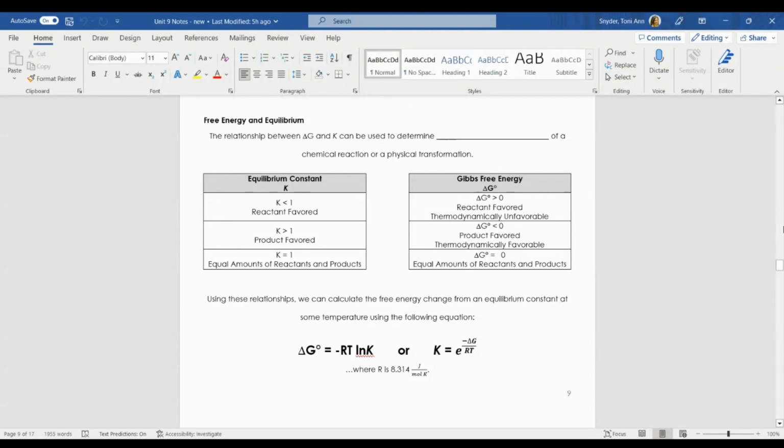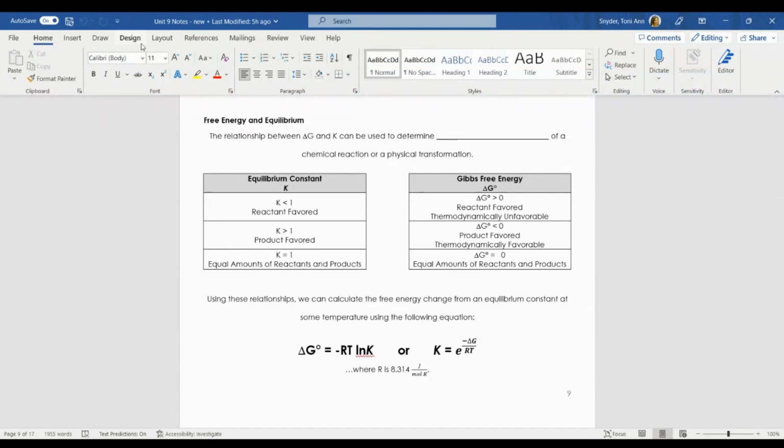That excess energy is what can be used in order to do work in other processes, which is what the universe strives to do. However, we can also look at favorability using something else that we've talked about already. And you might not be looking forward to this, but it is the equilibrium constant. Because if you remember, higher values for equilibrium constants tend to mean that a reaction is very product favored.